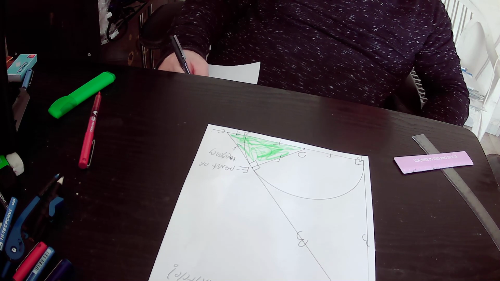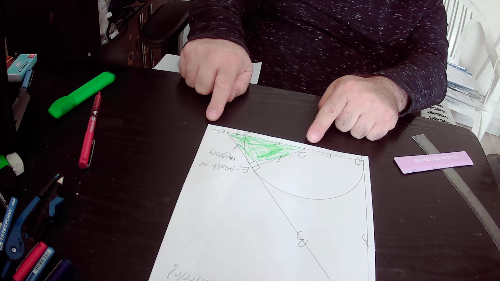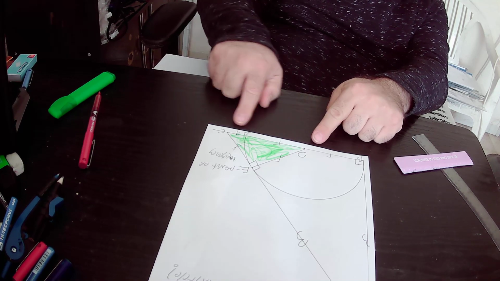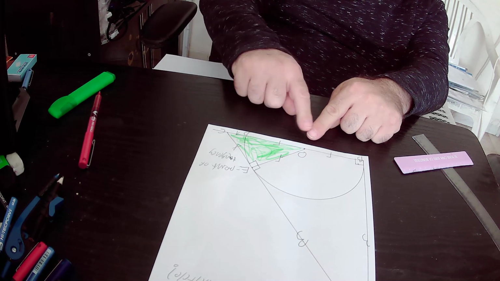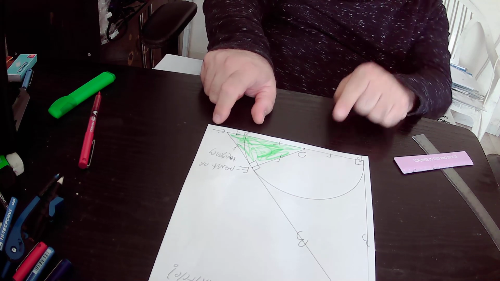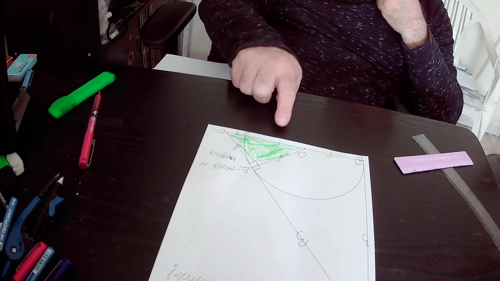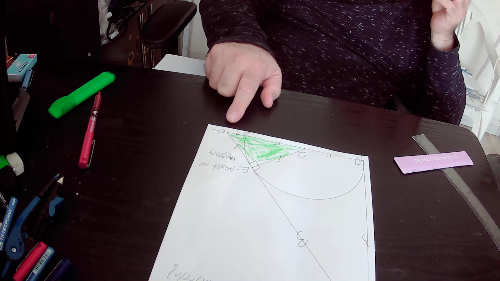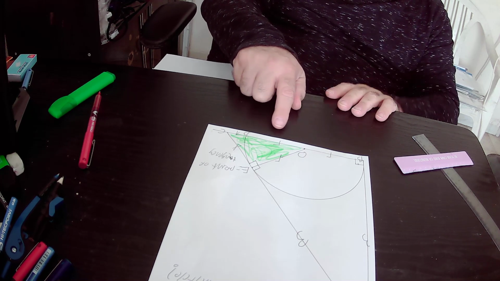From the drawing, OC equals OD plus DC. OD is the radius of this semicircle and DC equals 1, as given in the question. So in total OC will be equal to R plus 1.